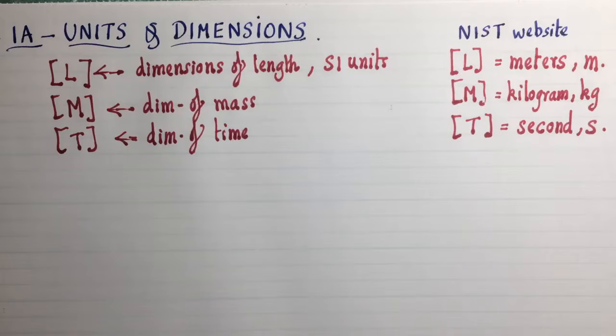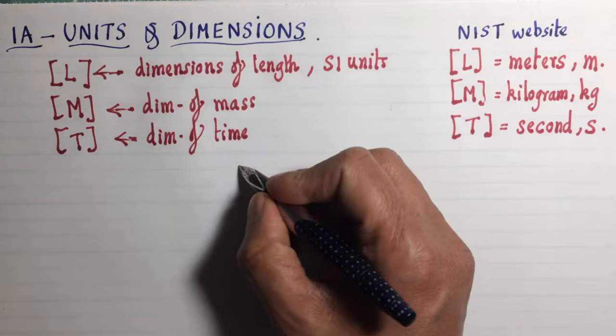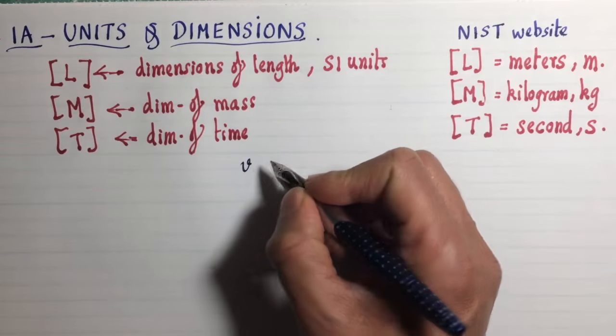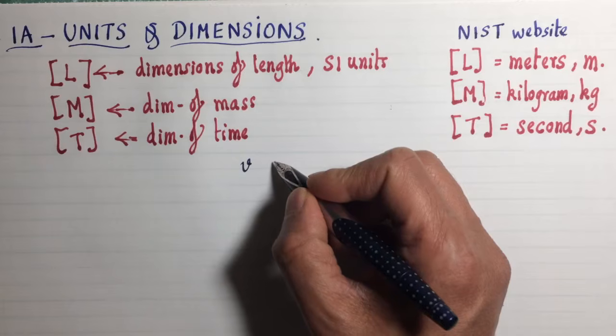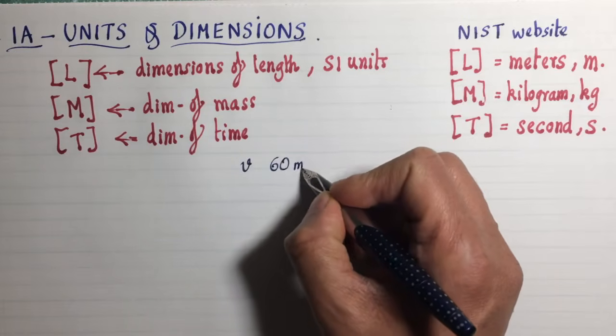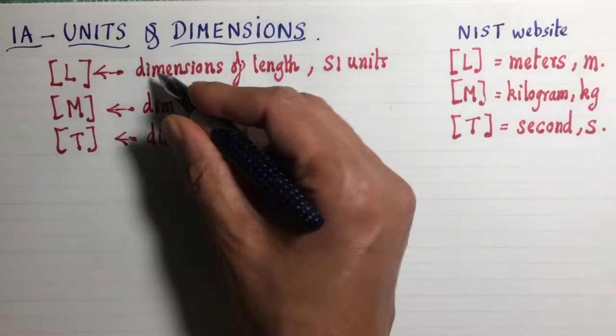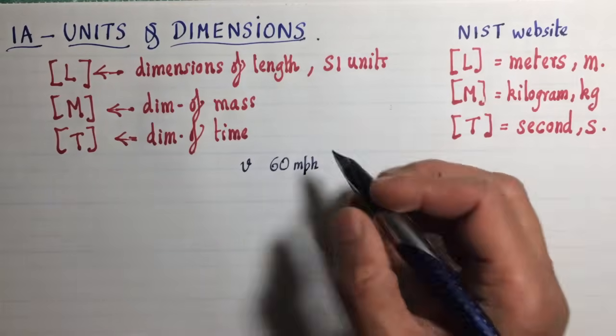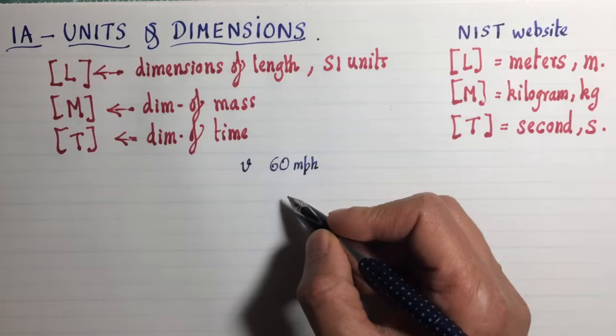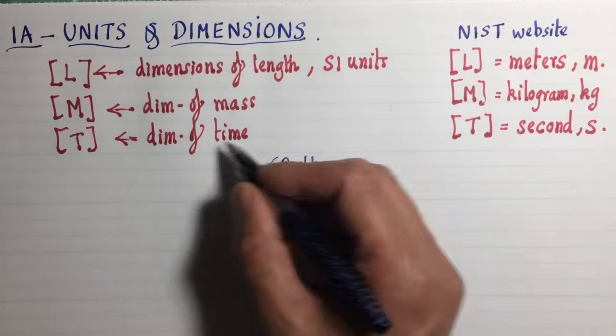It means that every quantity we're going to study in UP1 is going to be made up of a combination of these basic quantities. For example, speed, velocity. So suppose you say the car is going at 60 miles an hour. You can clearly see miles means a distance, dimensions of L, and per means just a division sign, and hour is the dimension of time.